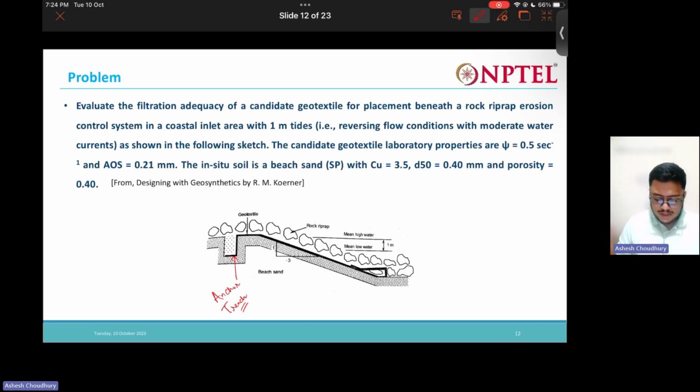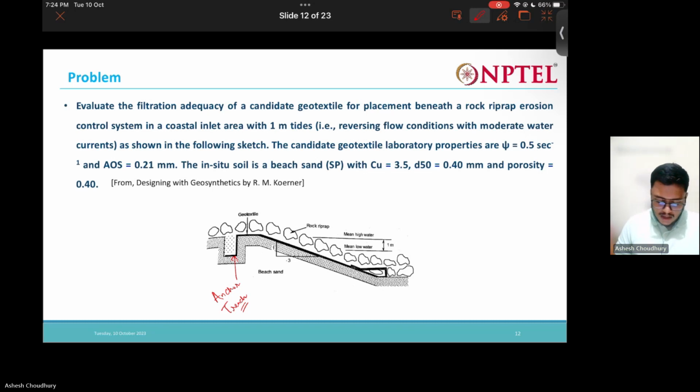The riprap will dissipate the energy coming from the waves somewhat, and then this geotextile will hold the beach sand in its place. Whatever water is entering through it can flow out easily.